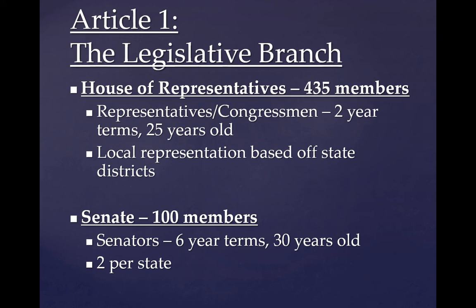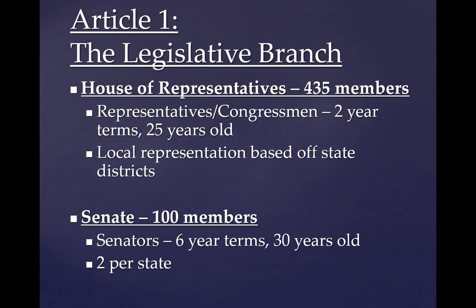Today, the House of Representatives has 435 members, and that number is currently unchanging. All that changes is that, based off of the census, some states may lose a couple of representatives, and some states may gain a couple, based off of population gains and losses across the country.